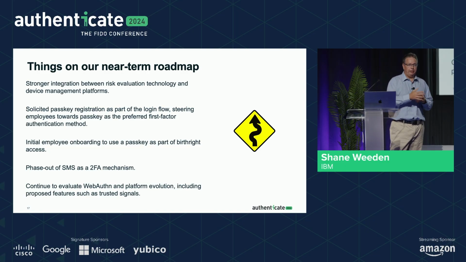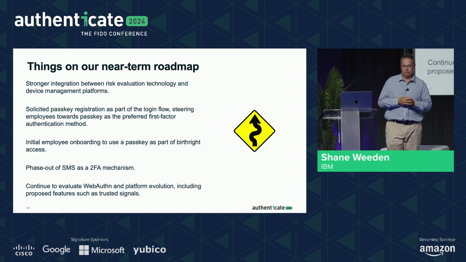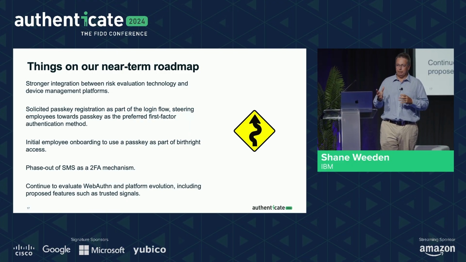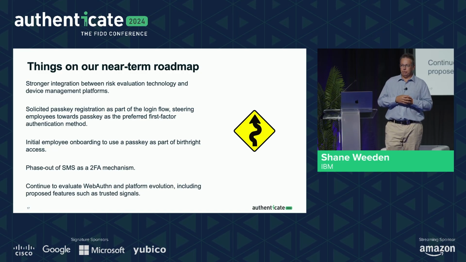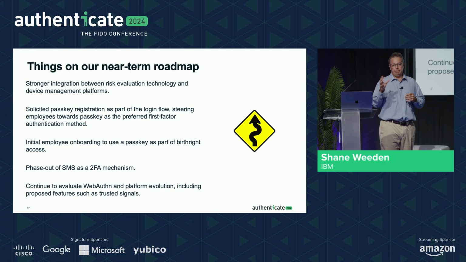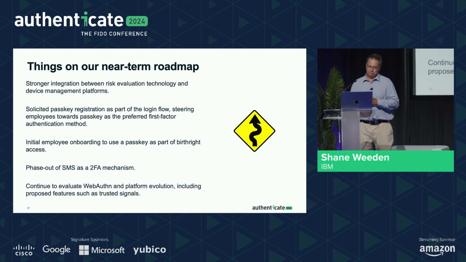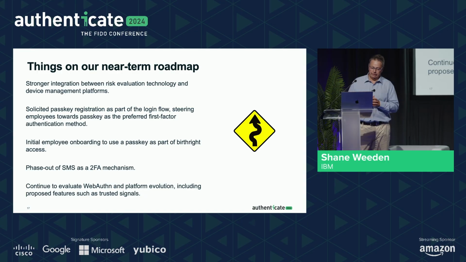Sydney described it as the upsell, as in solicited registration of a passkey during the authentication flow. We have that in our pipeline, right? Just like many others have done, even in the consumer space, we will nudge people towards registering a passkey post-authentication. That's something that we're going to add as well.